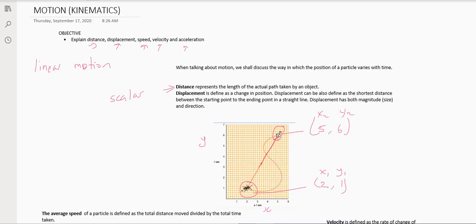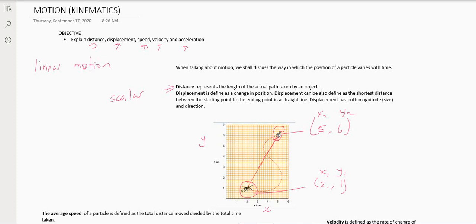Good. So overall, we can see that there's a change in the ant's position. Now, we refer to this change in position as displacement, right? So as the word suggests, displaced, it has moved from one position to another position.